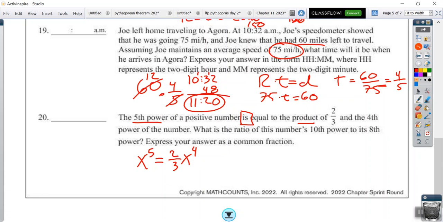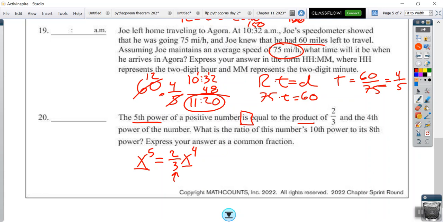Alright, well, wouldn't that mean, maybe, just maybe, that x has to be 2/3? Because here I have 4 of the number being multiplied together. Here I have 5 of the number being multiplied together. And so the only way this would work is if x is 2/3.